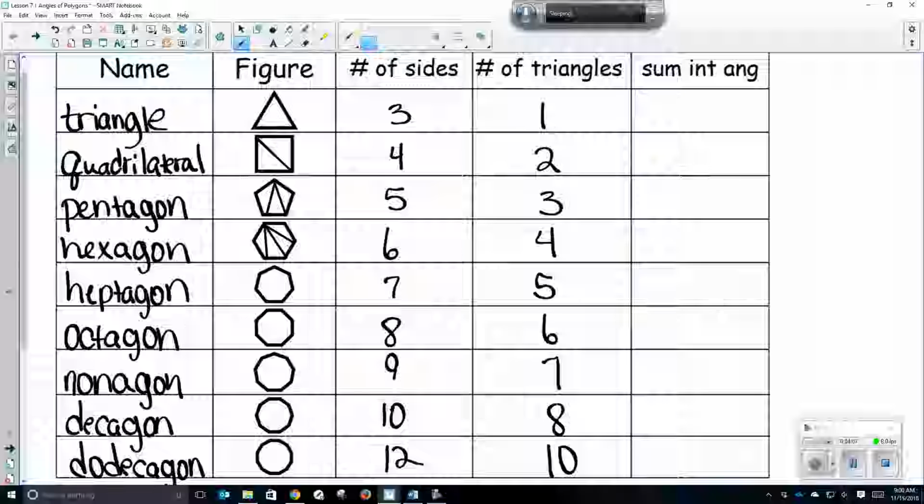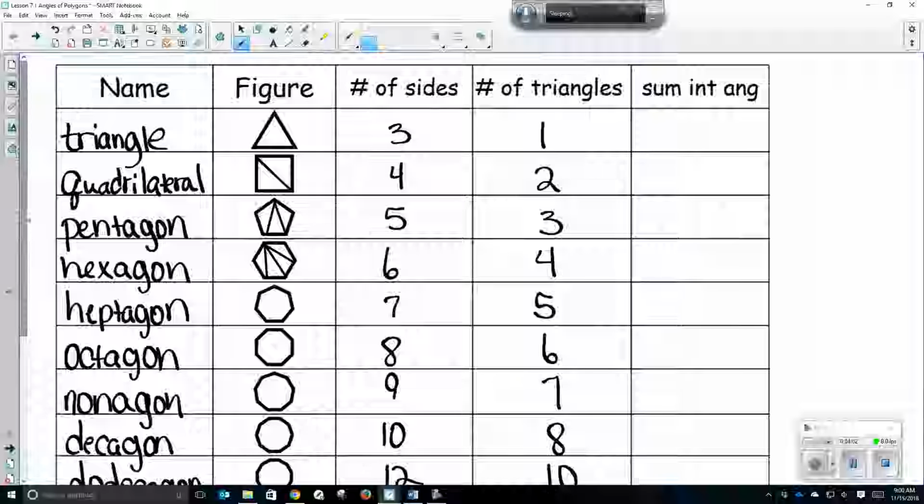Well, what is the sum of the interior angles of a triangle? We know that already, right? Sum of the interior angles is, on a triangle, 180. We know that because of the angle sum theorem, right? 180 degrees. Well, tell me, I think you already know how many degrees the sum of the interior angles of a quadrilateral is.